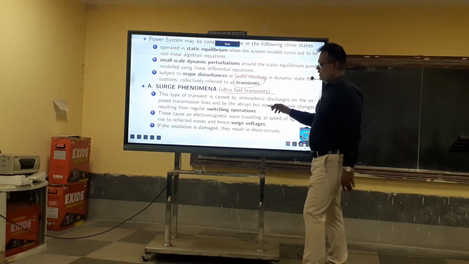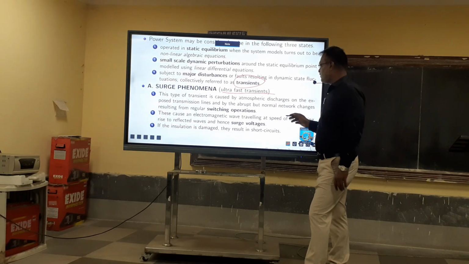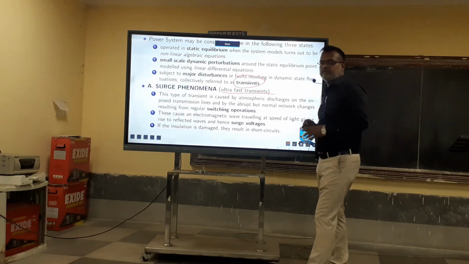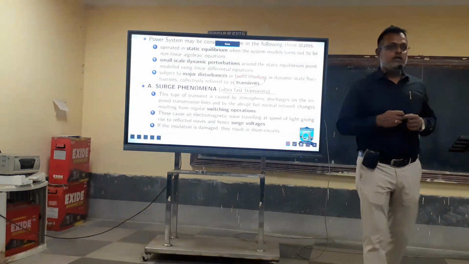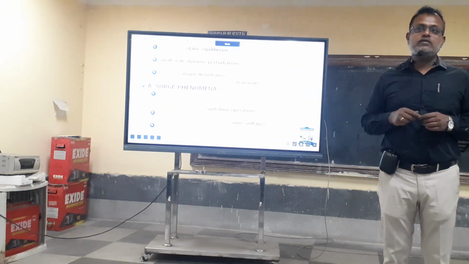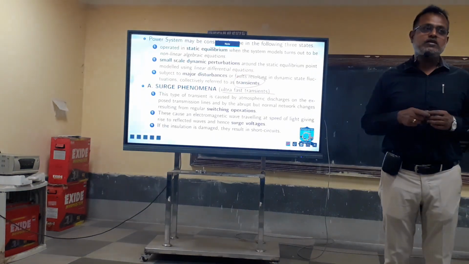Okay. So what happens during these switching operations? This causes an electromagnetic wave traveling at the speed of light, giving rise to a reflected wave and hence surge voltages. Okay. So you have read about reflected waves and transmitted waves in your EPTD paper, or power generation, transmission, distribution.